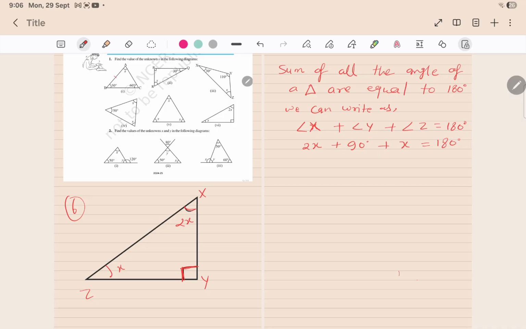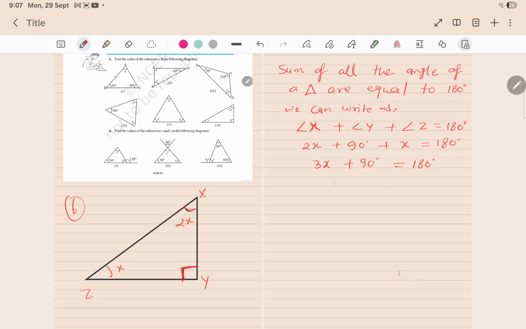We can write 2x plus x, both are added, so 2x plus x equals 3x, plus 90 degrees equals 180 degrees. 90 degrees has a plus sign, but when it is transferred to this side, the plus sign changes to a negative sign.